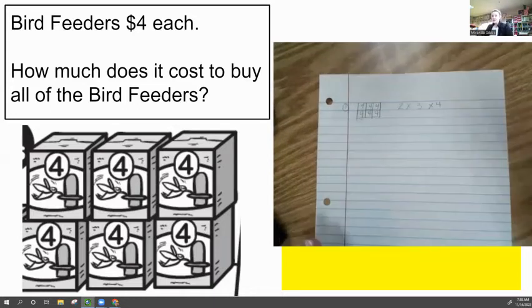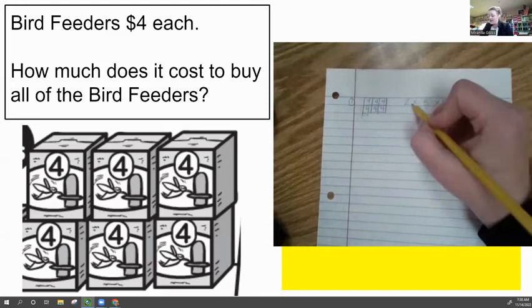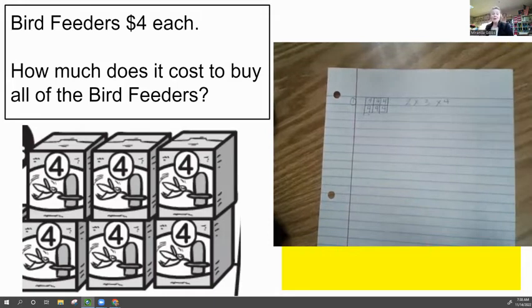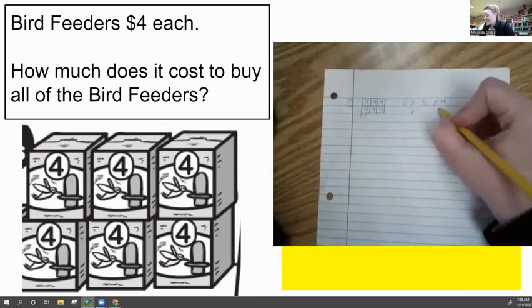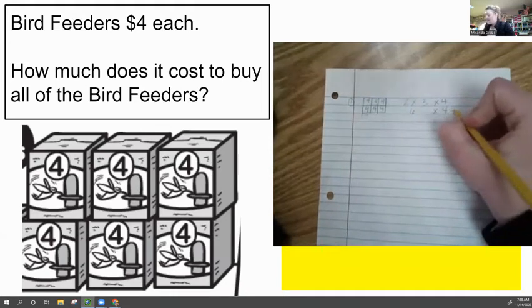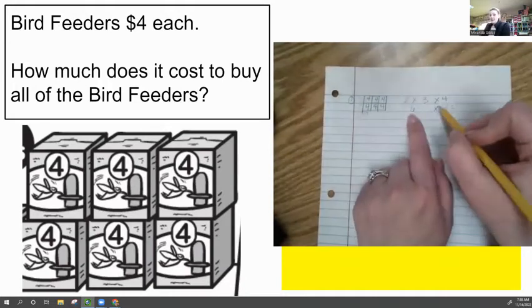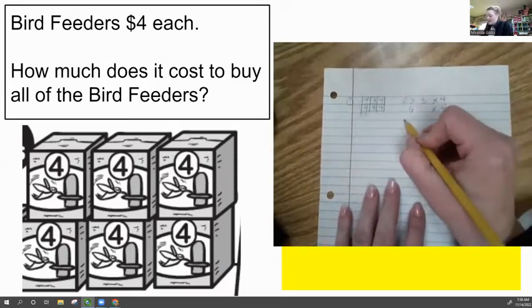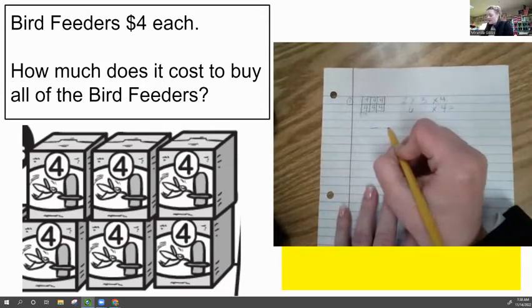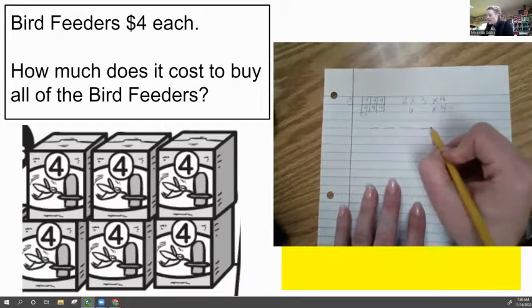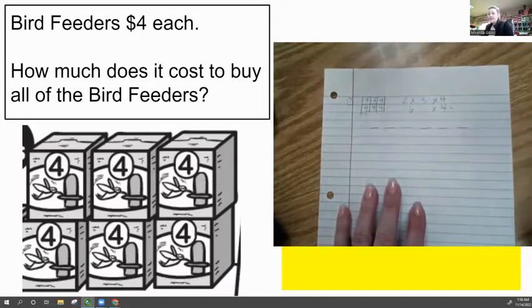And when I think about 2 times 3 times 4, I know that 2 times 3 is 6. So we rewrite the problem: 6 times 4. Now, 6 groups of 4 is the same as 1, 2, 3, 4, 5, 6. I can skip count by 4s 6 times, or I could add them.